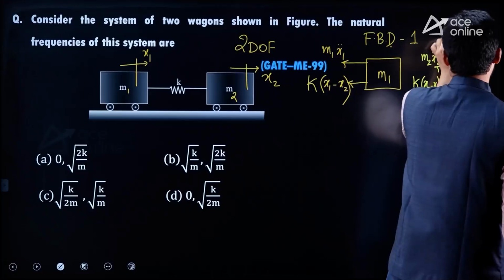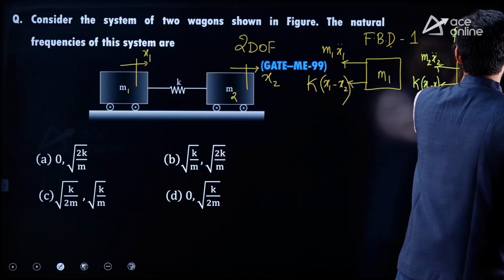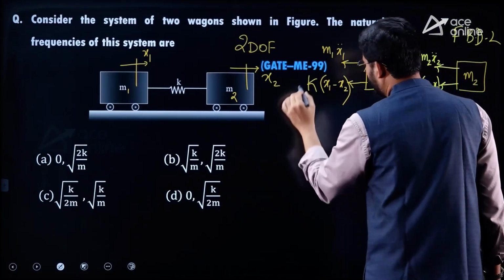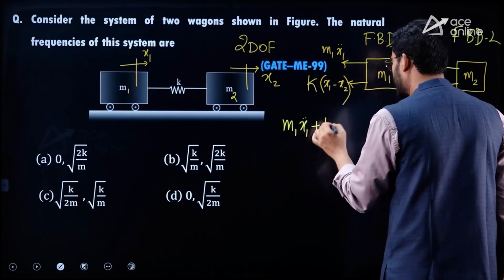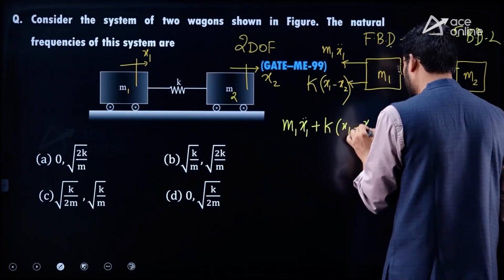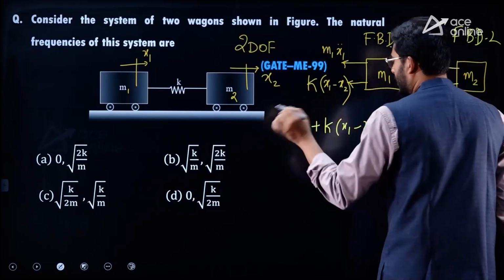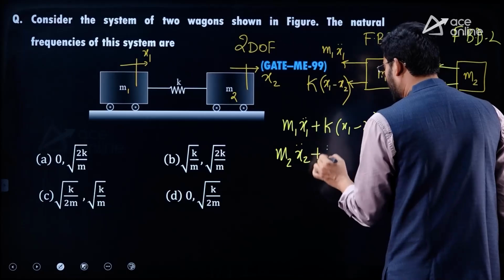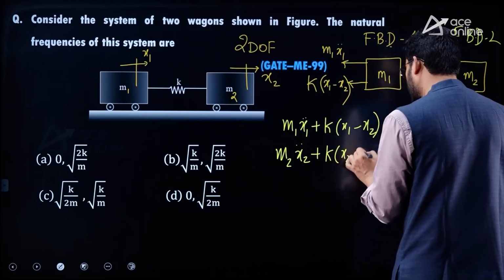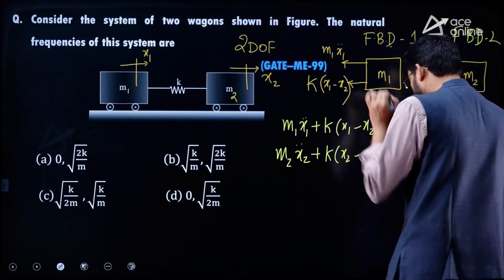Okay, so that is the FBD of 2. So the final equation becomes m1 x1 double dot plus k into x1 minus x2 equal to 0. And next would be m2 x2 double dot plus k into x2 minus x1 is equal to 0.